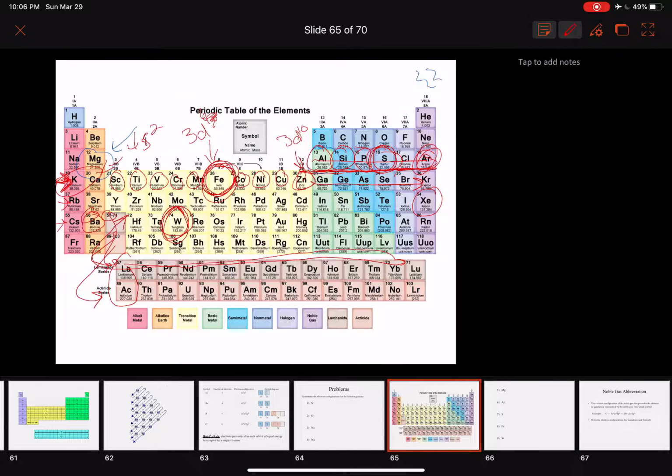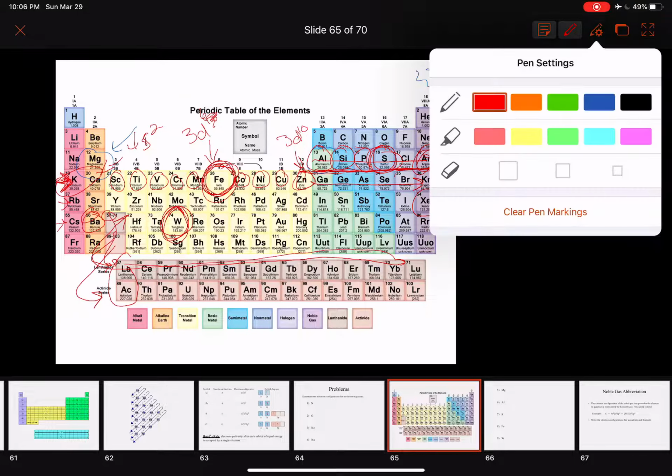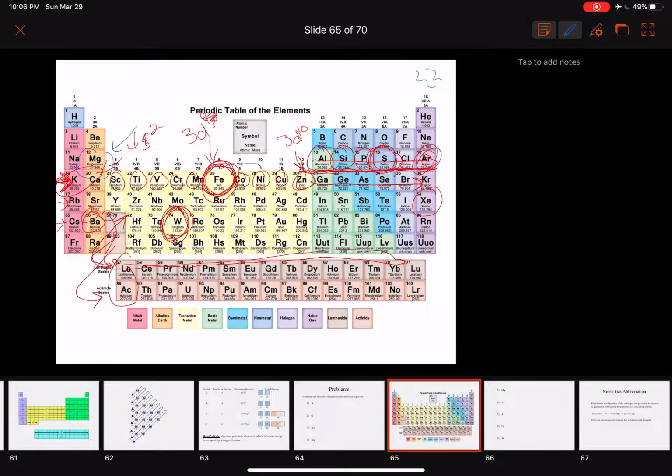And then if we go back to the periodic table, where we're at is right here. So we've got 4f14, and then we have 5d1, because lanthanum is actually up here. So lanthanum 5d1, and then we've got 5d2, 5d3, 5d4.